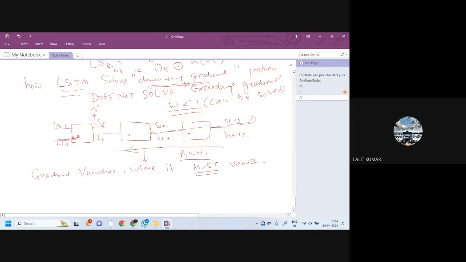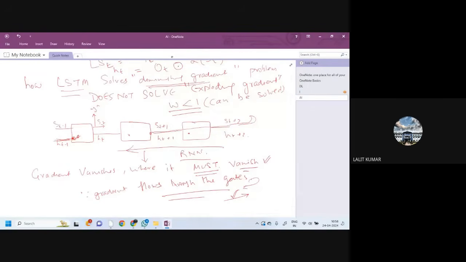It does not vanish otherwise because gradient flows through the gates. If some gate didn't pass the information that did not contribute, then while flowing back also it will diminish, and it must diminish there. So that is the concept.